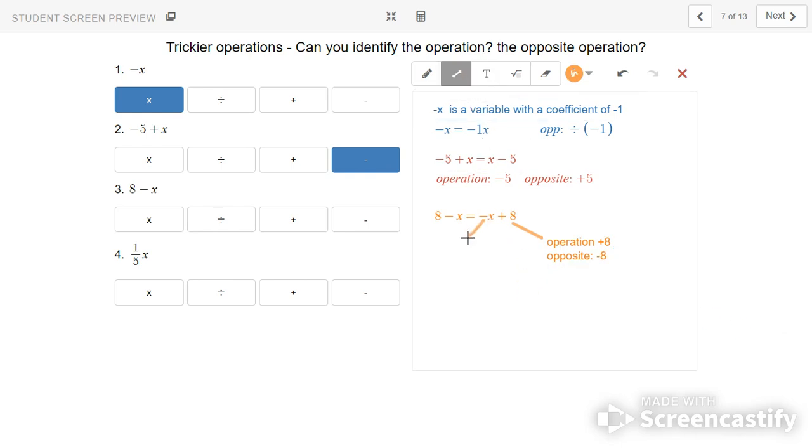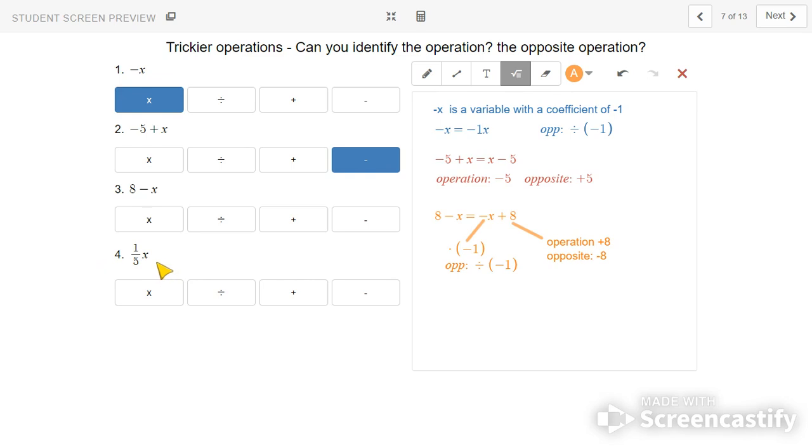Another thing that's going on is the negative x. We know from the first example that the negative x means I have -1 times the variable. So the opposite of this would be to divide by -1. This one actually has two operations going on.